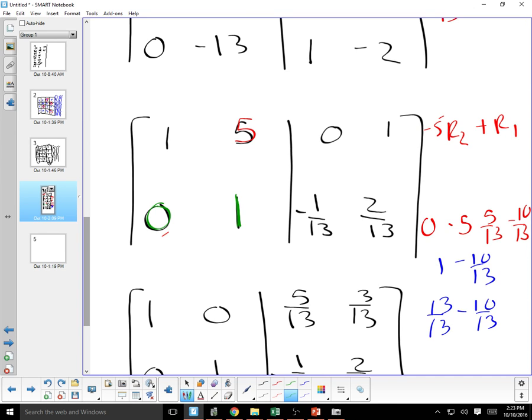If I multiply 0 by anything, it's still 0, and when I add it to 1, it doesn't change. So you're going to be using that equation to work your way up. You do it one way on the way down, but then the other way when you're working your way to reduced row echelon. So I was using the second equation, multiplying by negative 5.